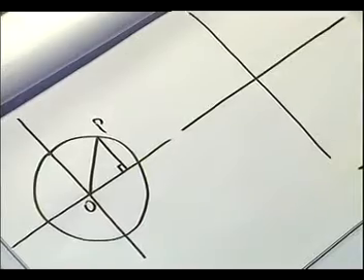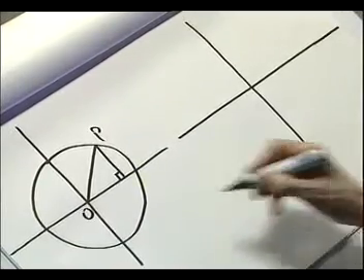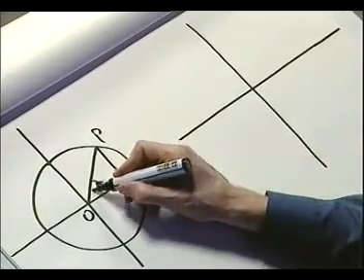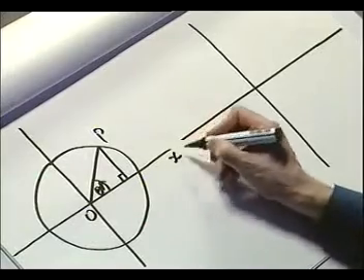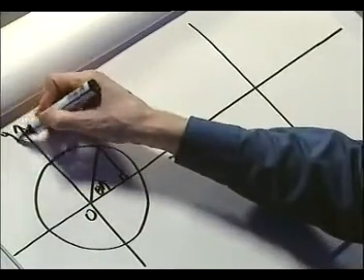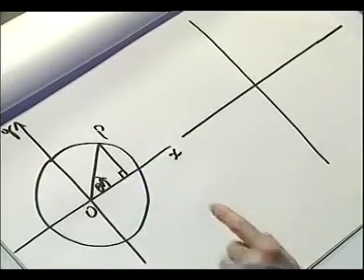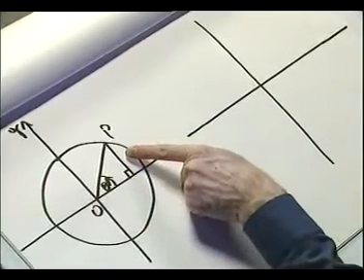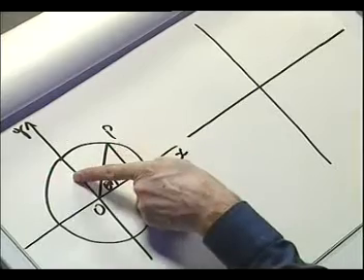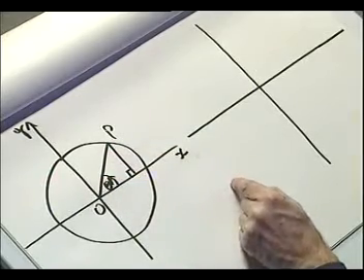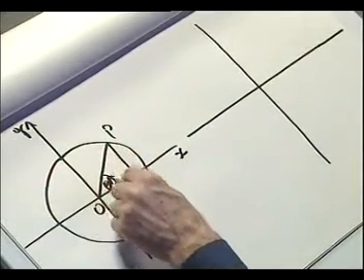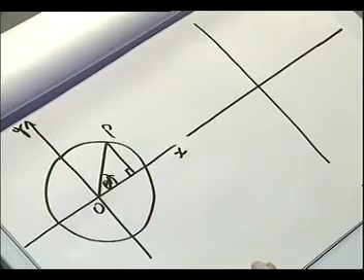Now, we're looking at tan theta, where theta is the angle between the x-axis and the y-axis. And we know that the tangent is defined to be the projection of OP on the y-axis divided by the projection of OP on the x-axis.